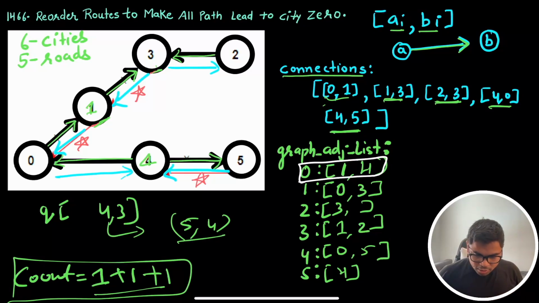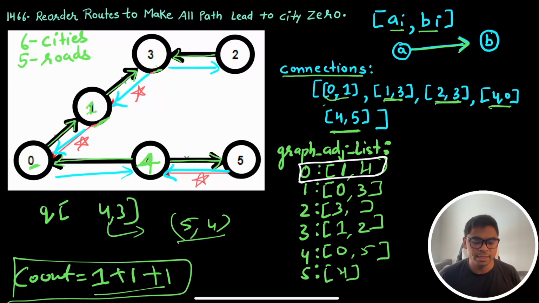So a couple of things, we will be maintaining a visit set to track that we are not, because these are bidirectionally connected. So if we have visited something, then we don't want to visit it again. So basically what I was saying is, right now if I'm visiting 4, I have already visited 0. 0 is also a neighbor of 4, so I will add 0 in the beginning to my visit set, so that I'm not finding myself in a loop where I'm just going over and over between these two nodes.